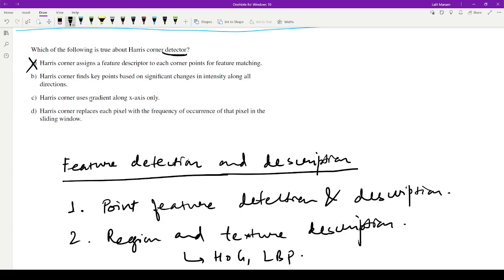Okay, can you tell me the procedure, whatever was given in the lecture, the basic steps on how this works? If you remember the basic steps, then it's pretty clear that it's true that the key points are based on significant changes in the intensities along all directions.